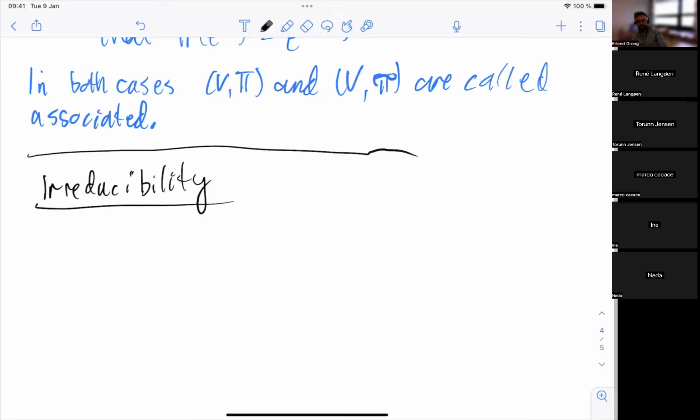The idea is that if we want to study all representations, we can always make new representations by adding a lot of them together. So we want to have an idea what are the smallest parts that we can use. So first we need to look at the concept of being invariant.